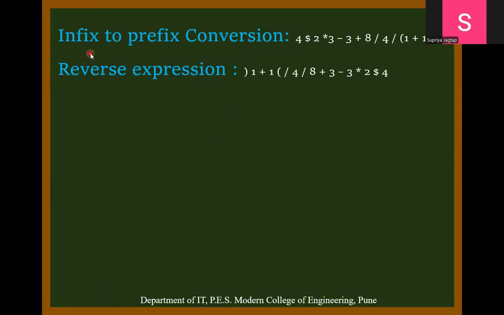Now, for the infix to prefix conversion, this is a given infix expression. First of all, we have to reverse the given expression. Here we have reversed it, and we apply the same steps with some minor changes.